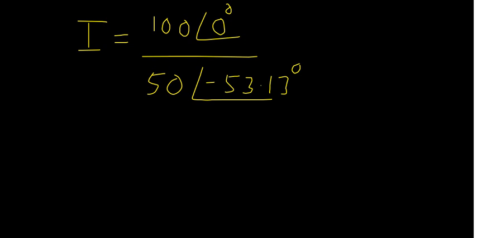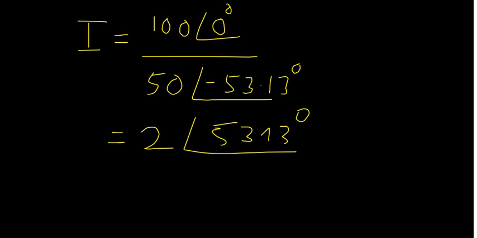So this is going to give you 2 at an angle 53.13. Once this 53.13 with a negative sign is in the denominator, if you take it to the numerator, you will get it as 53.13. That means the current here is 2 at an angle 53.13.